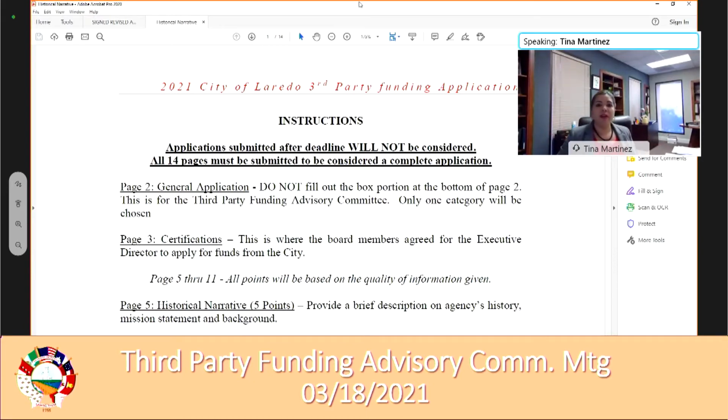From there, we will have to evaluate how much money they are receiving from other entities, and if they would receive a reduction from their application, a reduction from what they've been receiving in previous years, would they still be able to provide the service? That is something the committee will definitely have to consider and talk about.